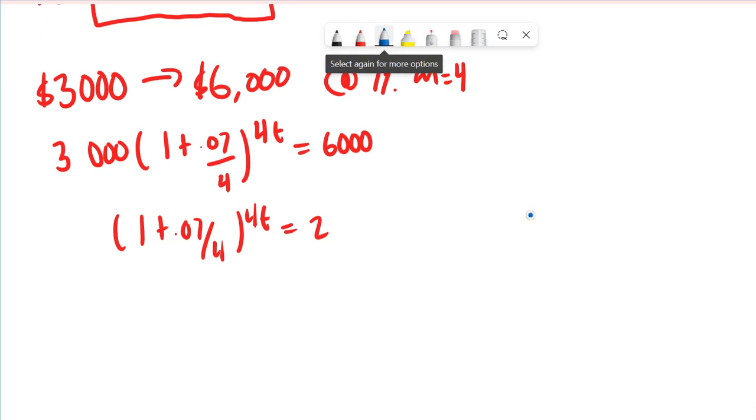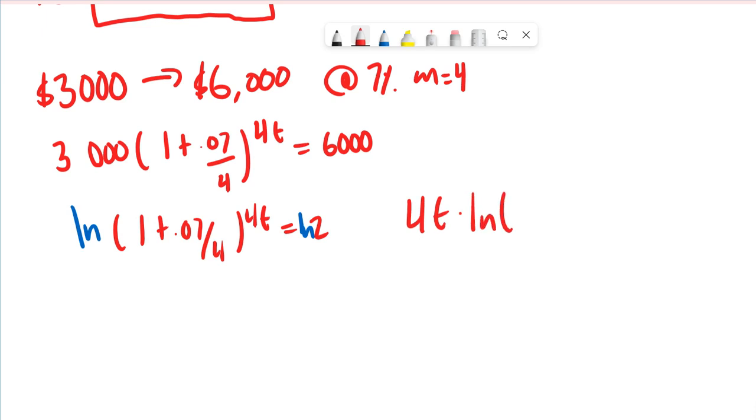So to do this, we rewrite it by taking the natural log on both sides. Essentially, the 4t moves over, so you have 4t multiplied by the natural log of 1 plus 0.074, and that's going to be equal to the natural log of 2.